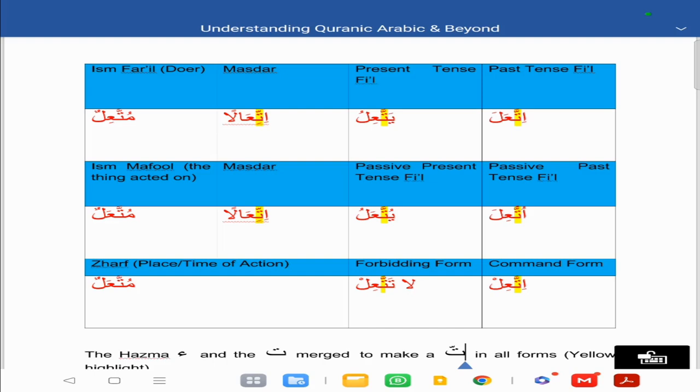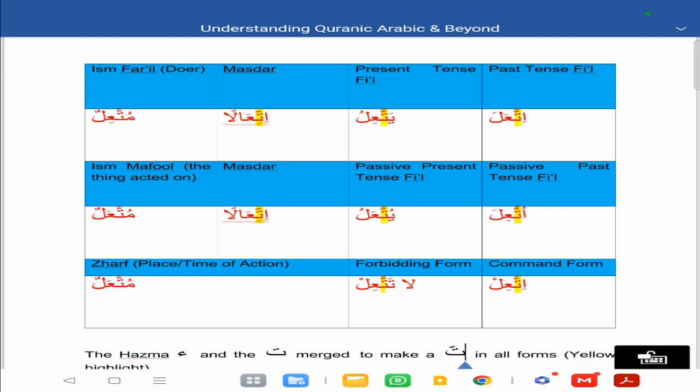Then we drop the first ta, but because the new first letter is the ta with the shadda on it, you can't start a word with the shadda, so an alif is added. And because the second to last letter in the present tense huwa version, yatta'ilu, is the ain, which has a kasra on it, the alif we add will have a kasra on it, so it's itta'il.